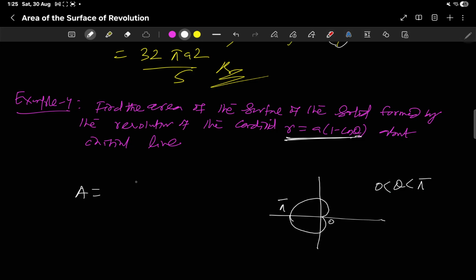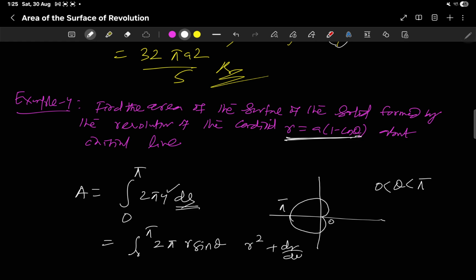So what is the area? Integral 0 to pi of 2 pi y ds. This is equal to integral 0 to pi of 2 pi, y is here r sin theta, and ds is square root of r square plus (dr by d theta) whole square d theta.